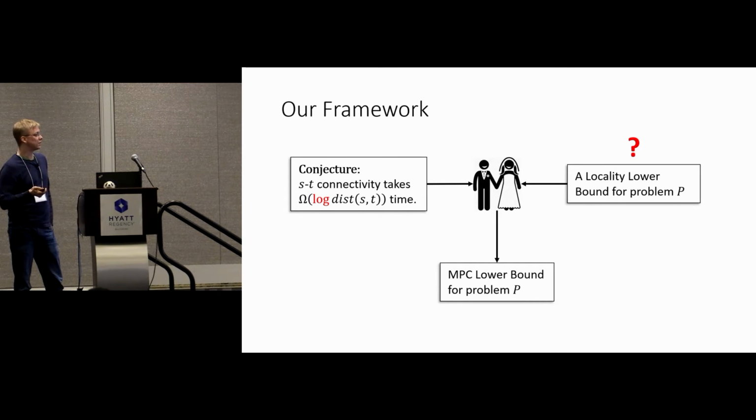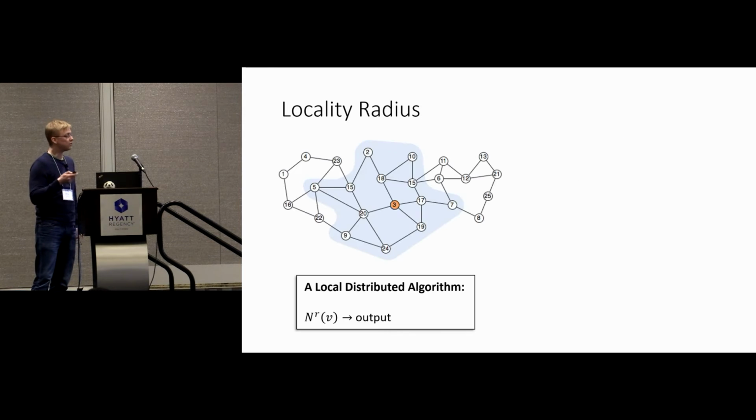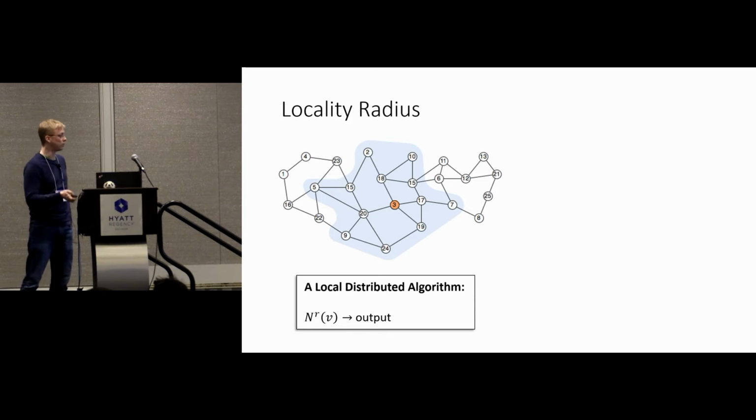And then there are these locality lower bounds written on one of the boxes. And now I would like to explain what these things mean. So there is this nice model called the local model. And I guess that many of you were in the best paper session. And here the local model was introduced. So maybe you remember something from it.